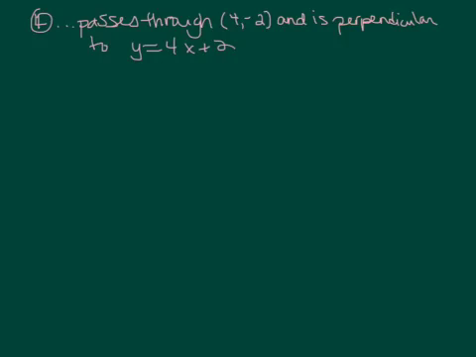So for the last problem of this section, we're just going to do a little bit more practice with things that are perpendicular. My original line in this case is y equals 4x plus 2. Ignore that 2, you don't need it. My original slope is going to be 4.